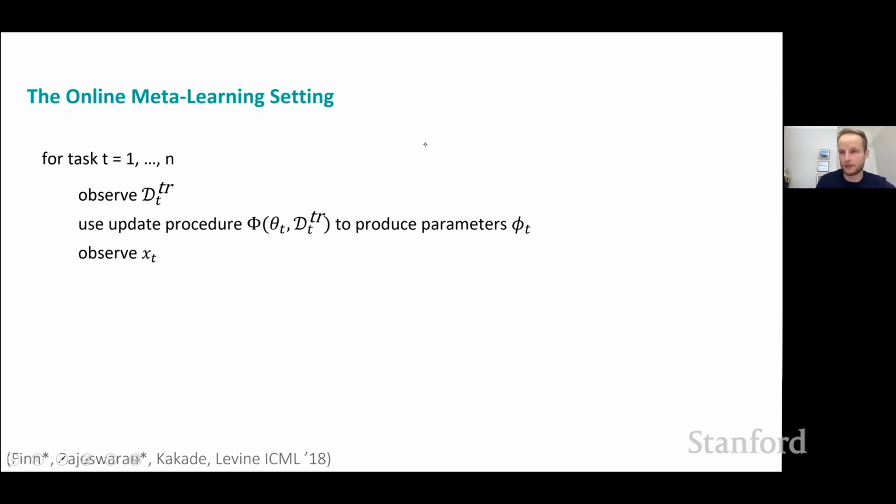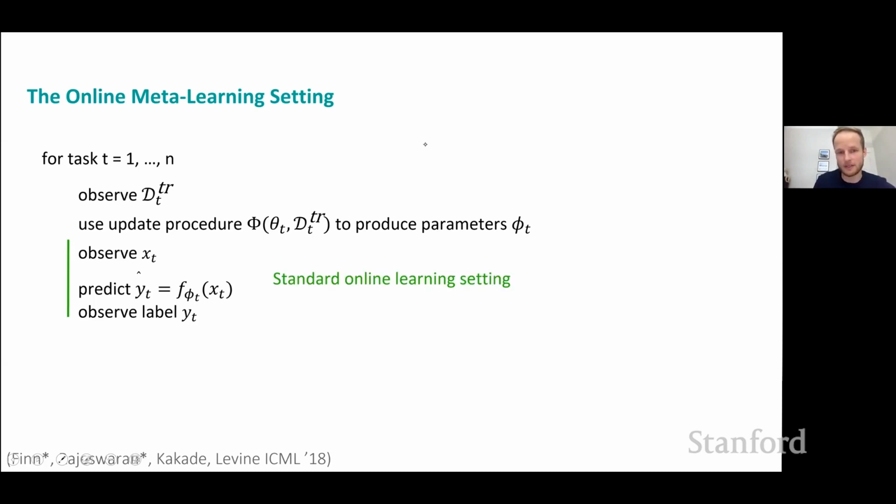Then we get to observe the data point, we predict based on these updated parameters, and then we get to observe the label. Now you can see that this last part of the problem is exactly the same as the standard online learning setting. It's just the first part that is a little bit different, where we get to observe this small data set that allows us to find a better update procedure.